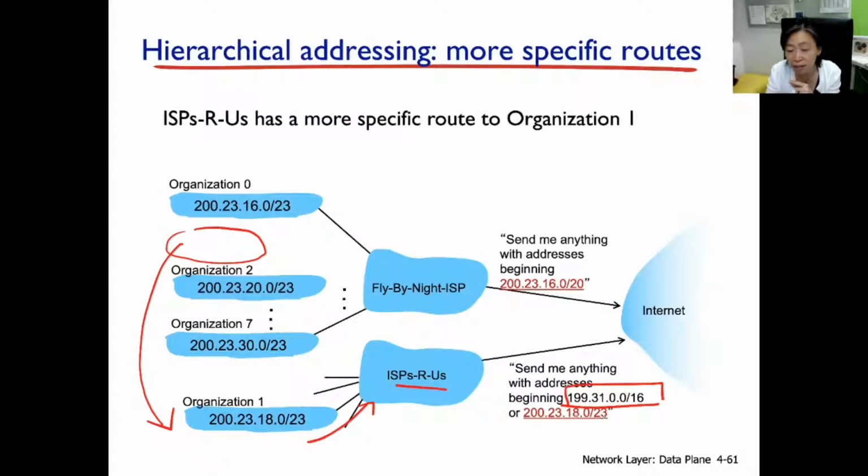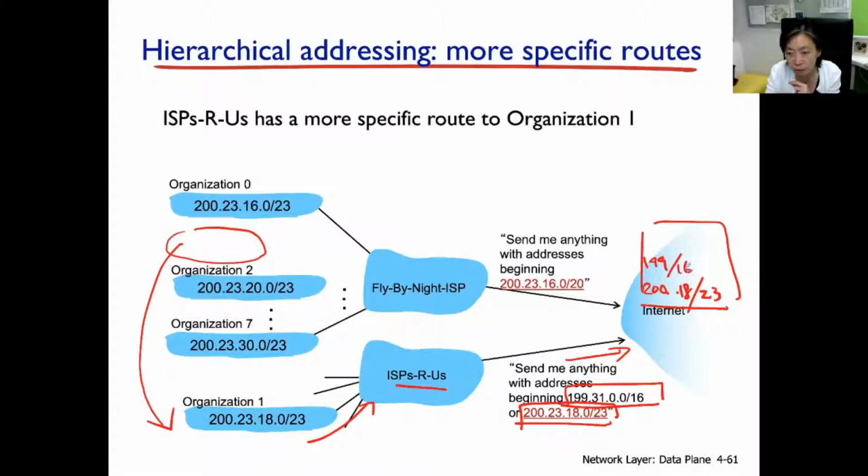In this case, 2 separate advertisements will go out into the internet. The forwarding table here will contain 2 entries. One starts with 199 and one starts with 200 dot something 18.0 and 23 bits.